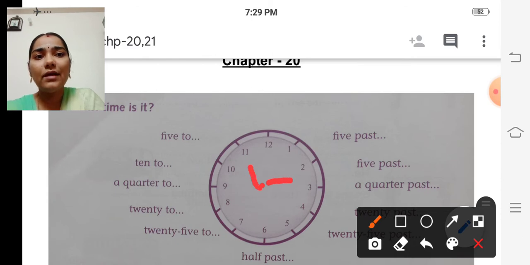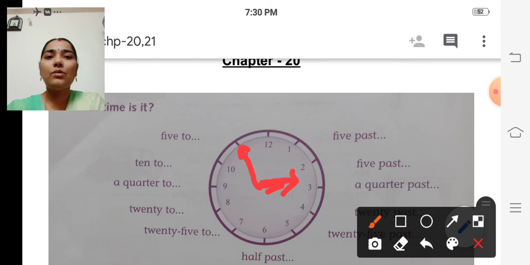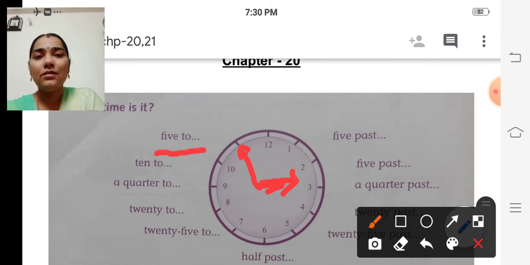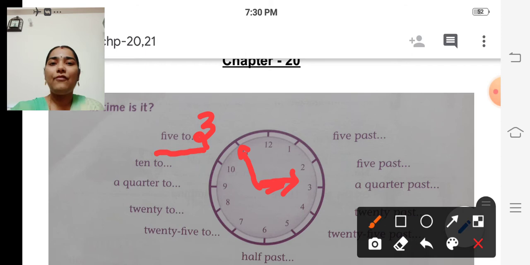If the minute hand is at 11, then the hour hand will be approaching 3, isn't it? And after 2. So here we will say 5 to 3.